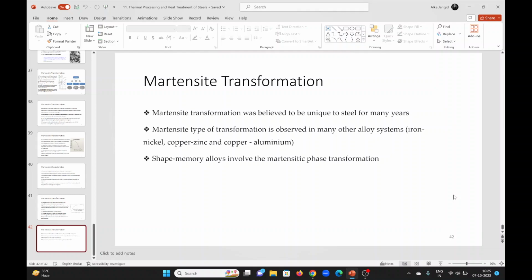For structural works and everything, we will be using very low temperatures. So at low temperature, we actually have only ferrite or ferrite plus Fe3C.